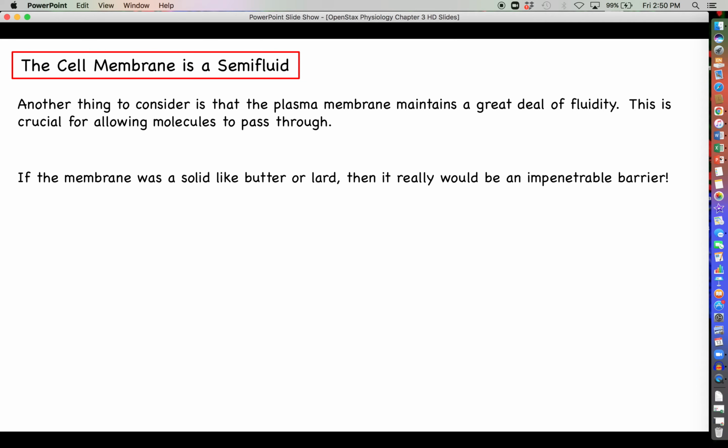So you know the difference, right? Butter and lard, those are solids at room temperature, right? So you're dealing with an actual solid gelatinous substance. Oils are fluids. They're kind of viscous fluids, but they are still liquids at room temperature. Both of them are lipids. They're both pretty similar in terms of their molecular and chemical composition, but one's a solid and one is a liquid.